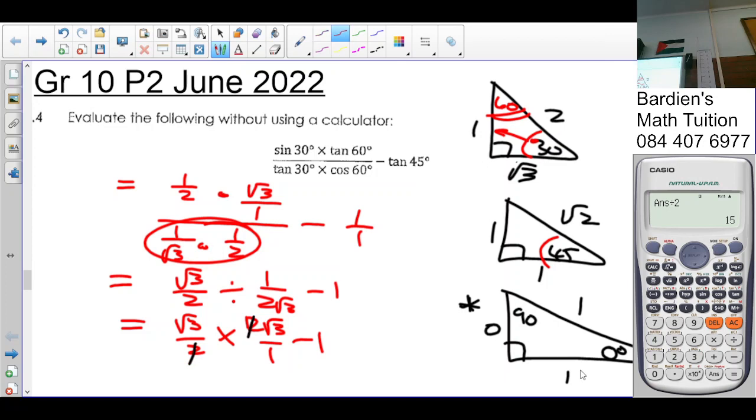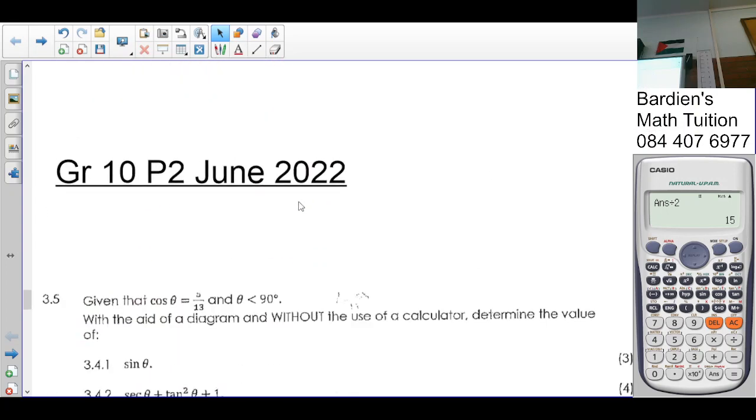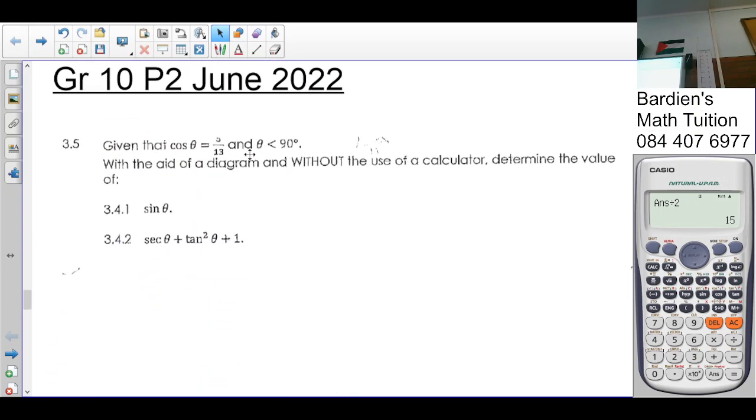The root 3 times root 3 is 3 minus 1 will give you an answer of 2. Okay. I'm sure if you had put that in the calculator, you would have also got an answer of 2. But because the exam says explicitly without the use of a calculator, we need to see that on the side. Okay? Those special angles, drawing on special angles.